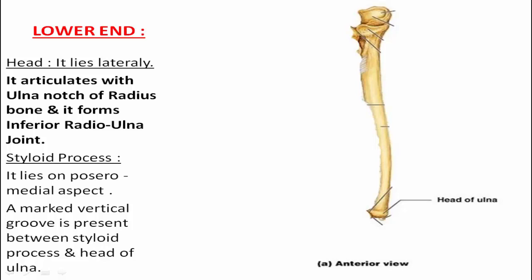The styloid process is on the back side, on the posteromedial aspect, and it is marked by a vertical groove which is present between the styloid process and the head of the ulna. Both are separated from each other by a vertical groove.